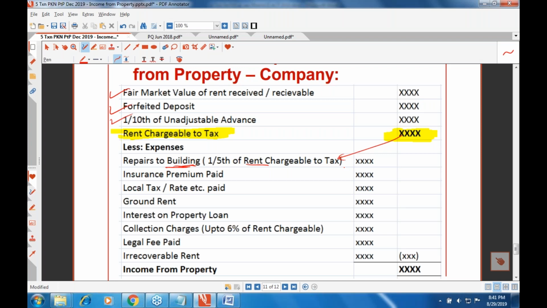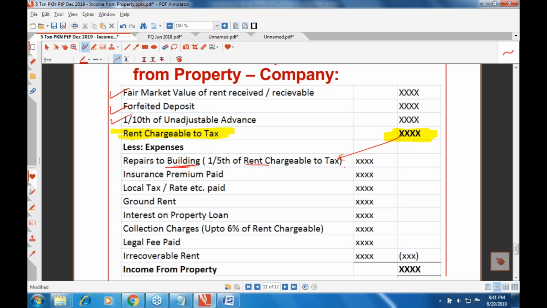Even if you have not incurred a single penny on repair and maintenance, you can still claim the repair expense, up to one-fifth of the rent chargeable to tax.